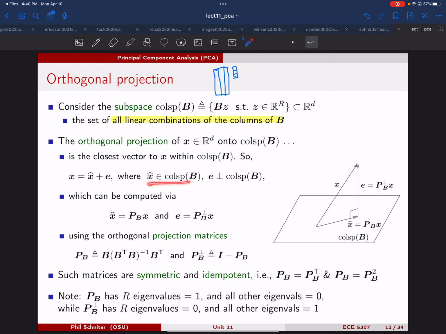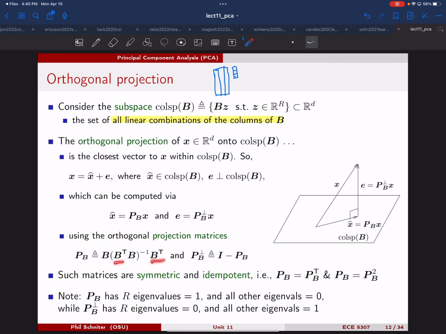X hat is in the column space. So it turns out that you can compute these things. If I give you this X, I can compute both X hat and E using these matrices that are called projection matrices. In particular, these are orthogonal projection matrices. And the way that they look, the orthogonal projection matrix, the one that projects onto the plane, has this form.